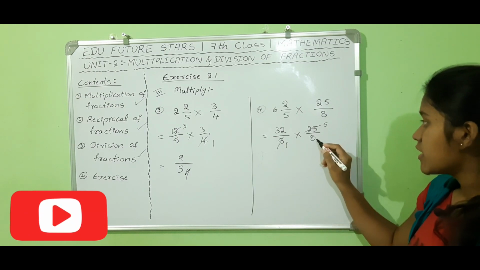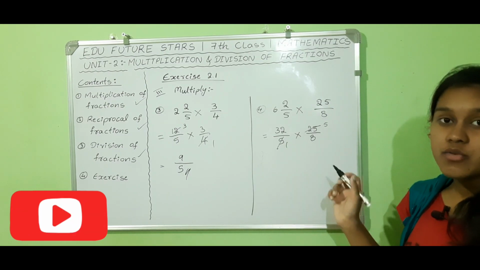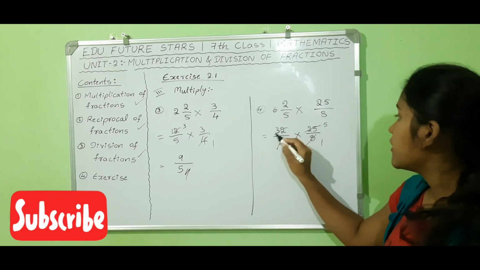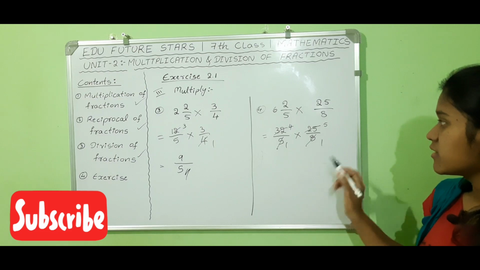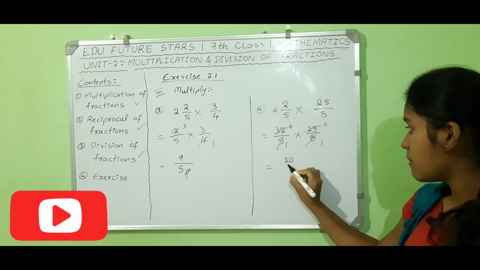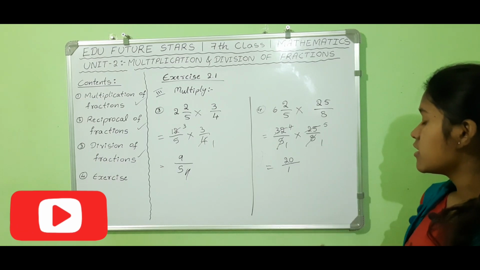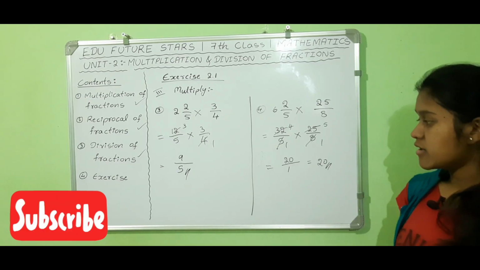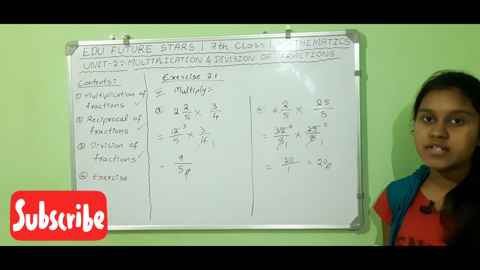Right. So next 8 and 32 is there. These two can be divided, right? 8 1s are 8. 8 4s are 32. Right. So what is the remaining one? 4 5s are 20 by 1 1s are 1. So our final result is what? 20. Correct? So this is our final result. Okay.